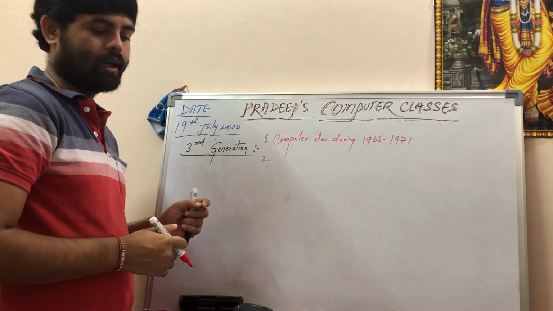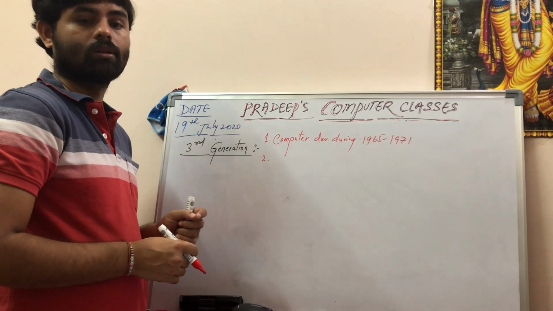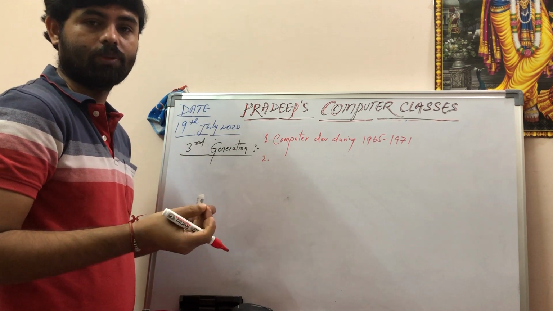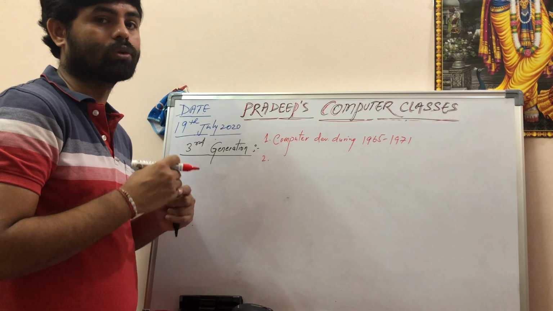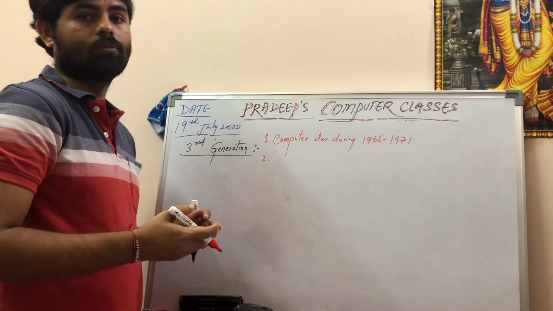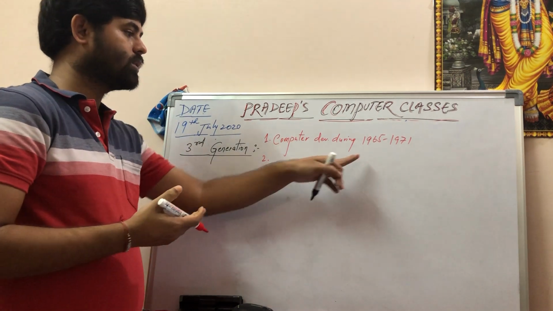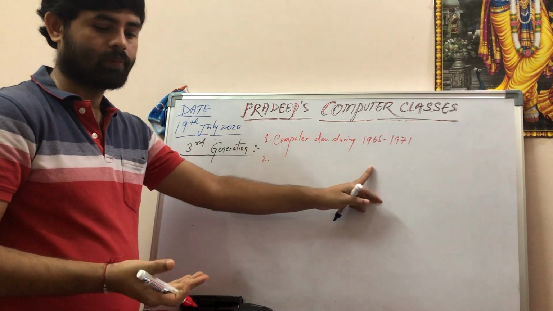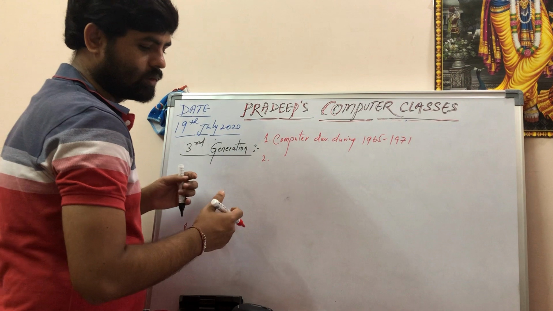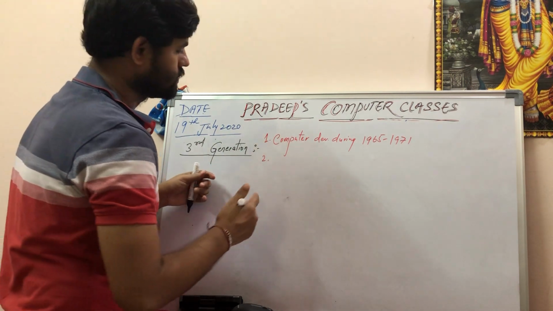That is called the integrated circuit, IC. The chip is used. That is what the third generation computer has used. First and second do not have this functionality, because at that time before 1965 IC was not used, because it was not known much. So in this one, this computer differed from the first and second generation.